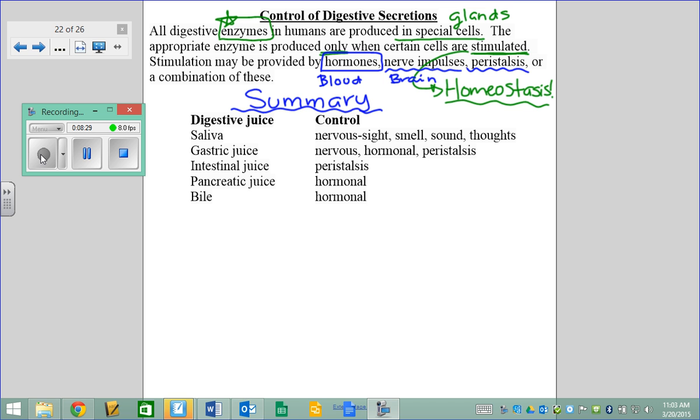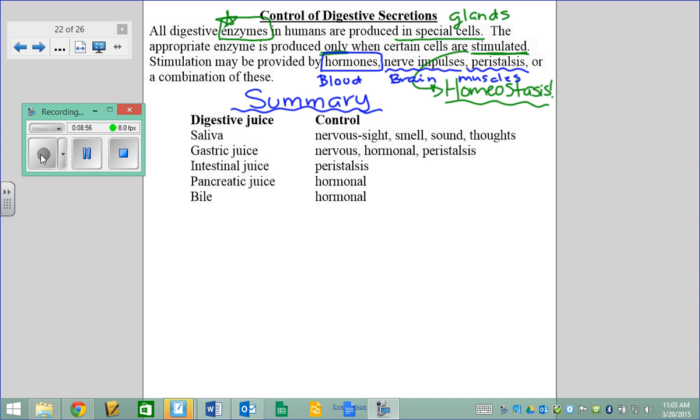It could be because of peristalsis, so that's your smooth muscles contracting. Or it could be more than one of these or all 3 of them put together. So either something in your blood or something from your brain or the contraction of muscles in your digestive system will signal, hey, it's time to produce an enzyme.